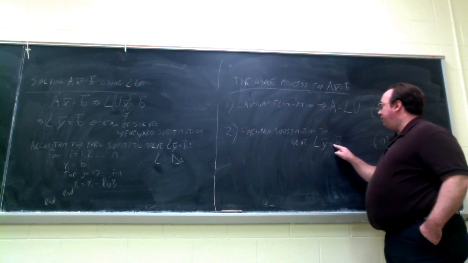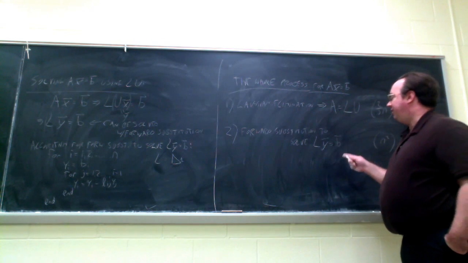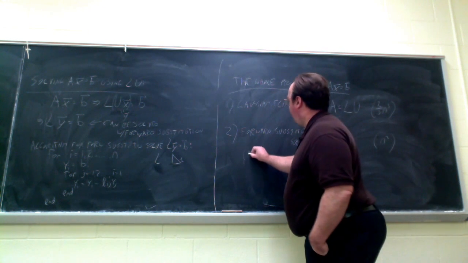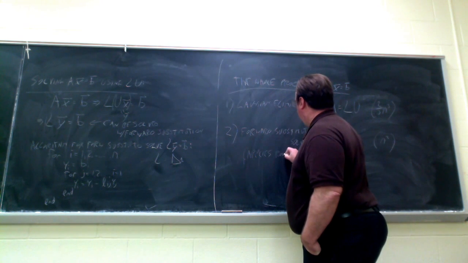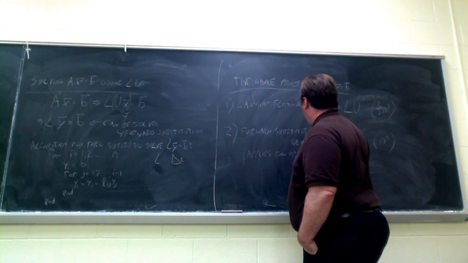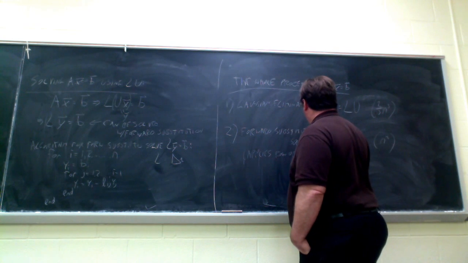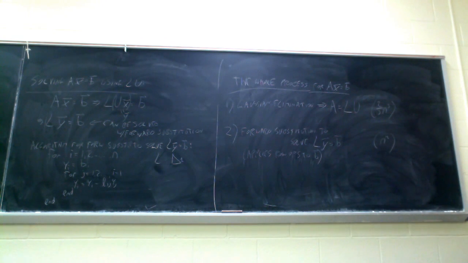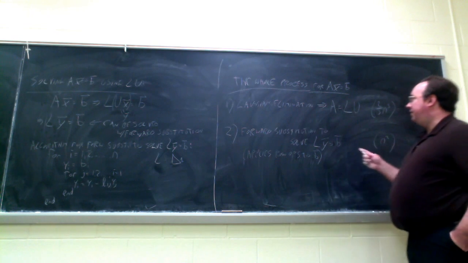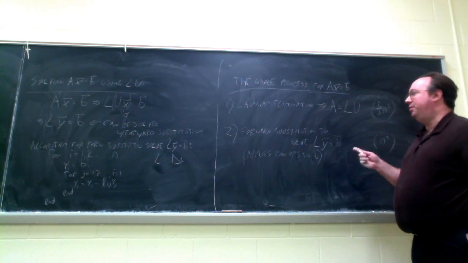Now I should mention that what this does is it has the effect of applying the row operations to b. So the same ones you applied to A to get your upper triangular matrix U are now applied here.